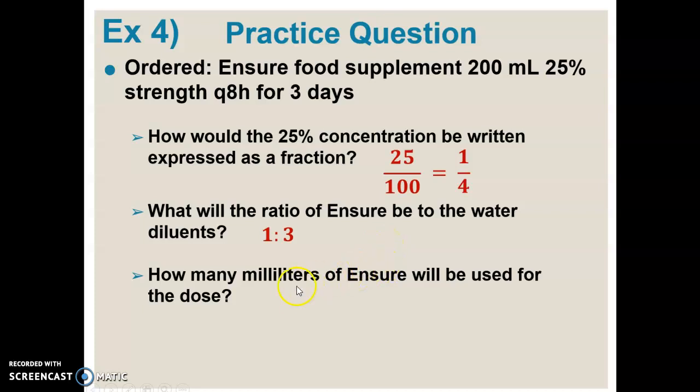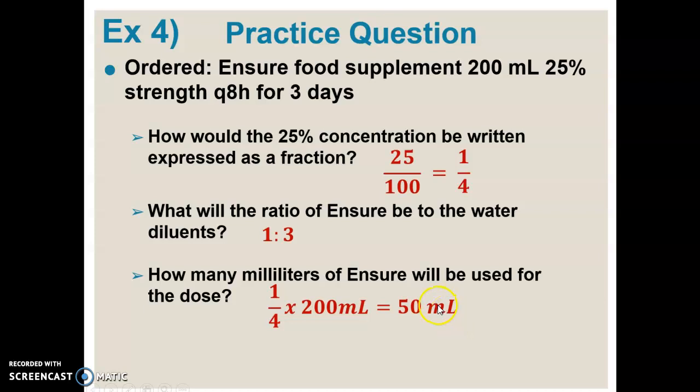I tend to go back to a fraction to do this math. You could do it with a percentage as well if your brain is more inclined to do percentages. But I just do 1/4 times the 200, and that gives me 50 milliliters. If you like the percentages, you can take 25% of 200, or change that into a decimal and do 0.25 times 200. Either way, you're going to get 50 milliliters.